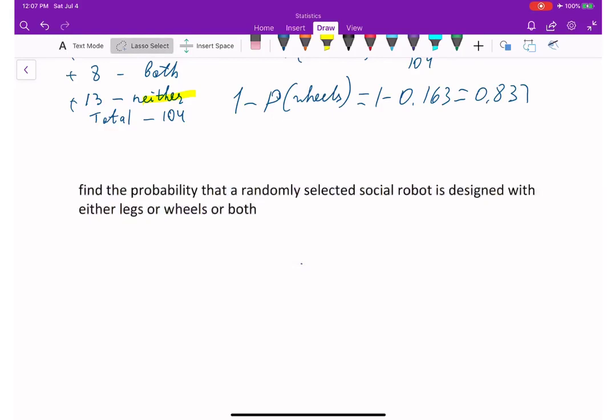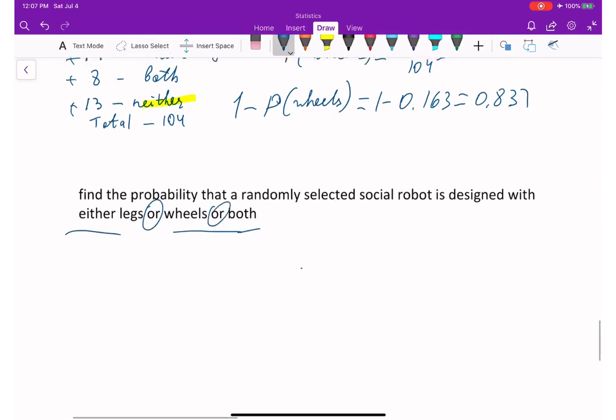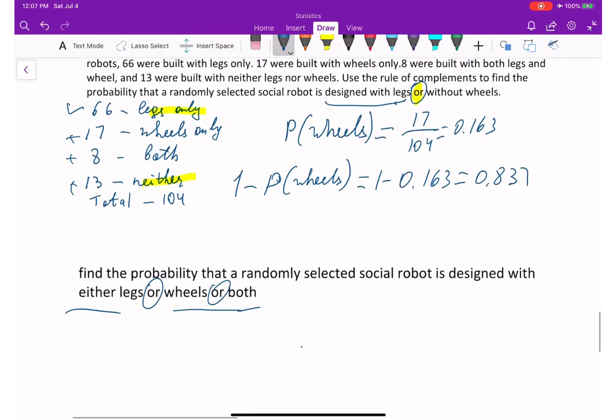Find the probability that a randomly selected social robot is designed with either legs or wheels or both. So what is going to be either legs?